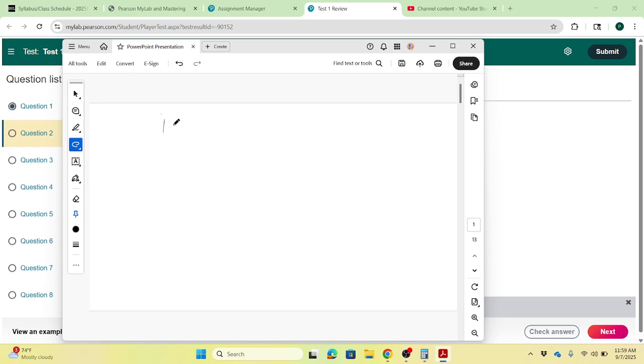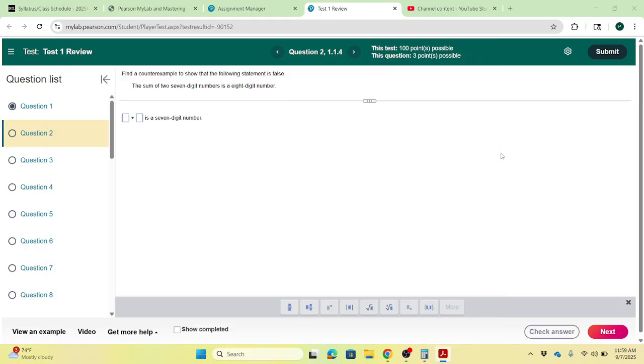1 2 3 4 5 6 7, and again 1 2 3 4 5 6 7. So it is actually 2 1 2 3 4 5 6 1 2 3 4 5 6 7. So when we added two 7-digit numbers, it's still 7 digits.